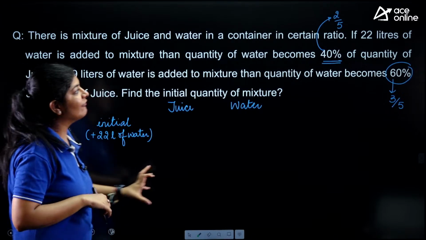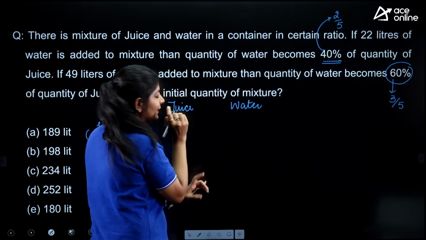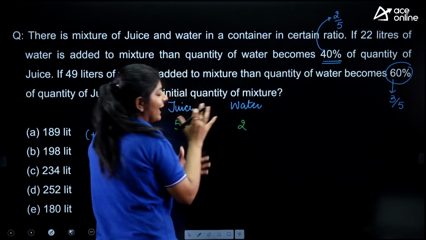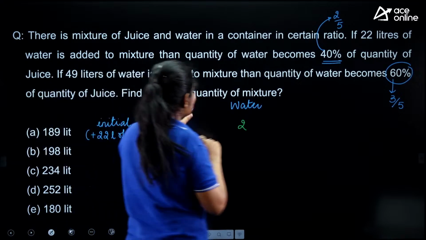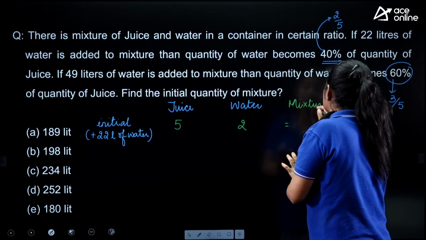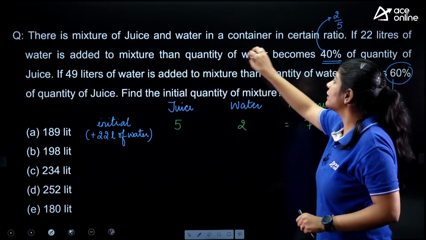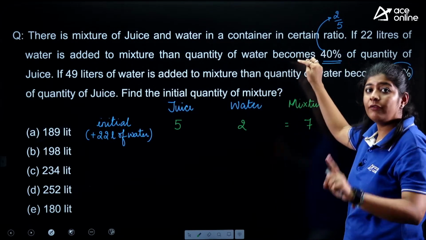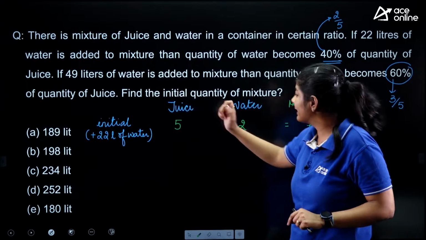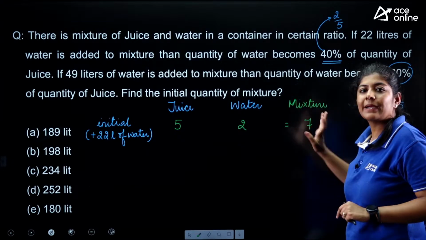That means if we have 5 units of juice, then 40% of that is 2 parts of water. So the total quantity of mixture over here is 7.